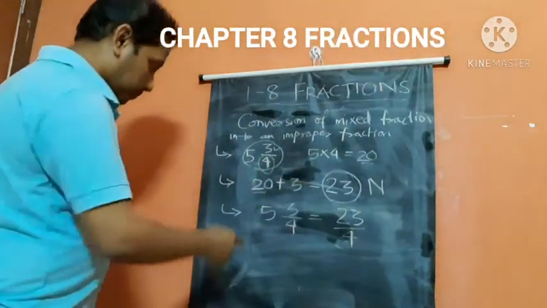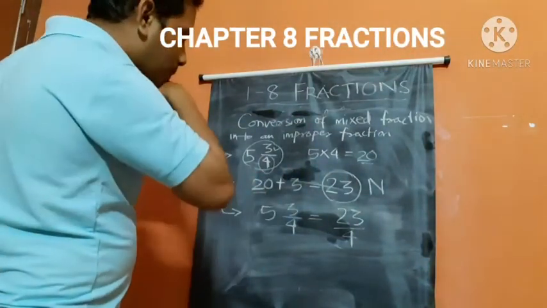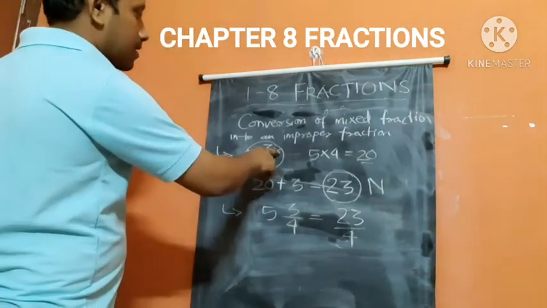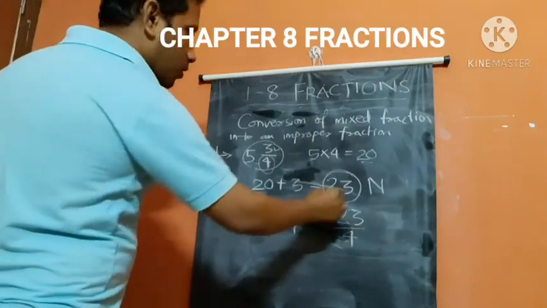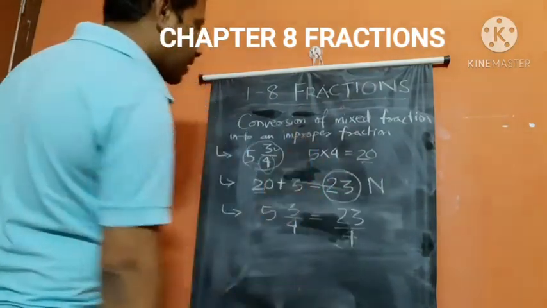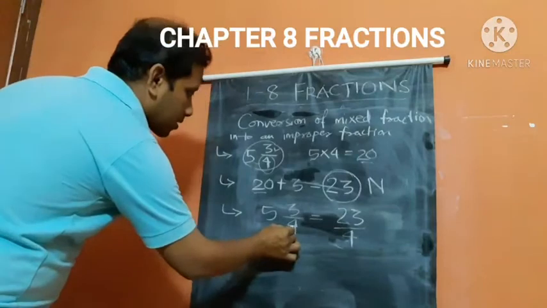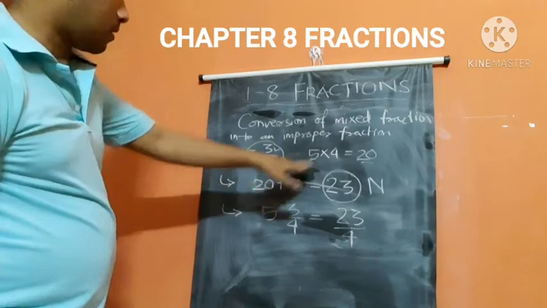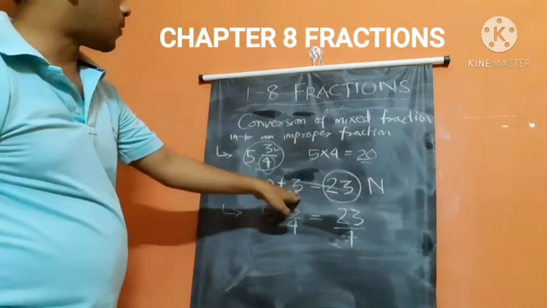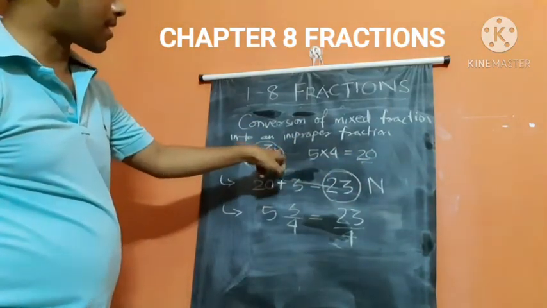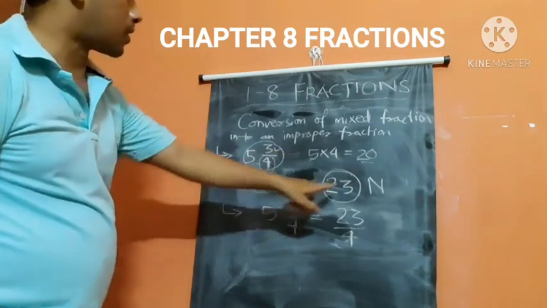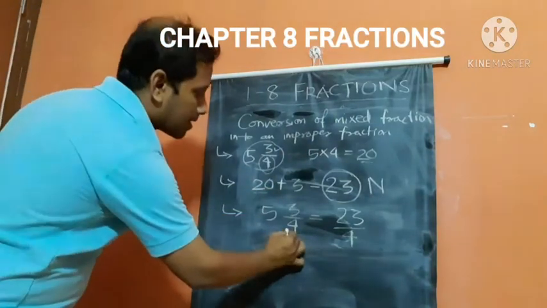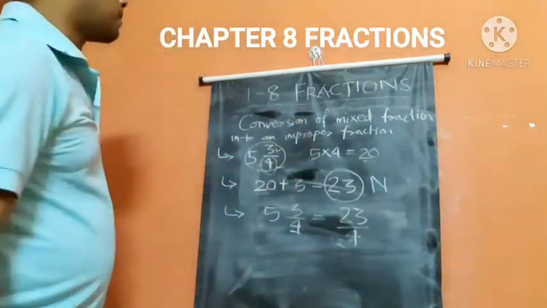Third step: the product we got in the earlier step plus the numerator, that is 3, gives 23. So 23 will be the numerator, and the denominator will be the same as the denominator of the given mixed fraction.